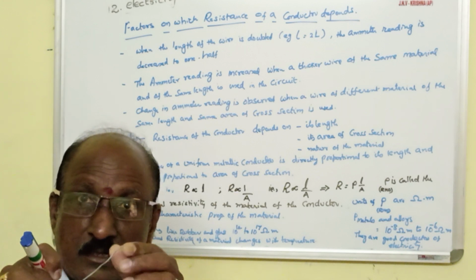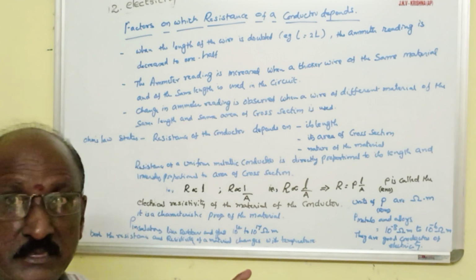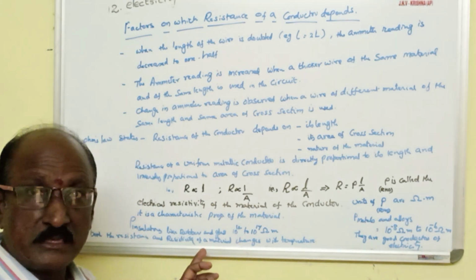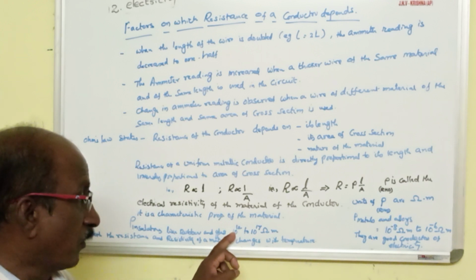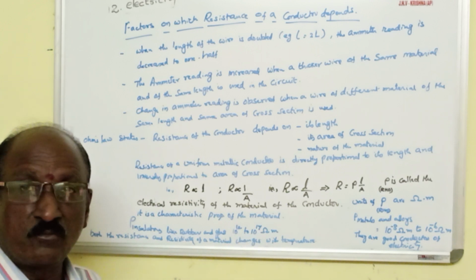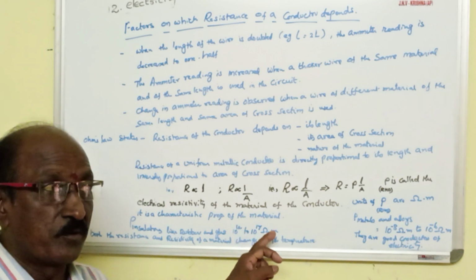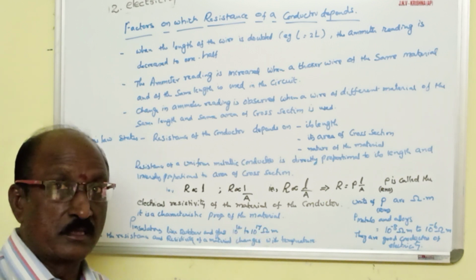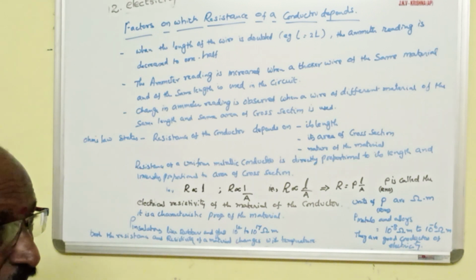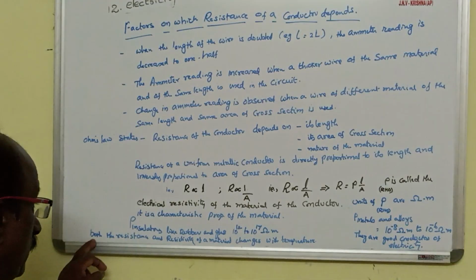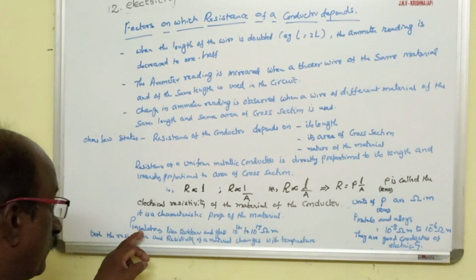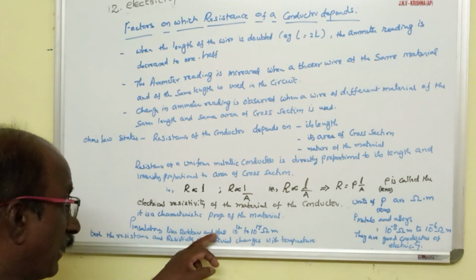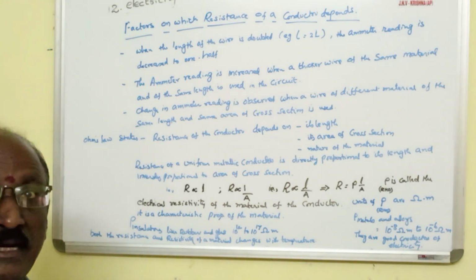So for insulators, the electrical resistivity is in the range of 10 to the power of 12 to 10 to the power of 17 ohm meters. This much value is observed in materials like rubber and glass.